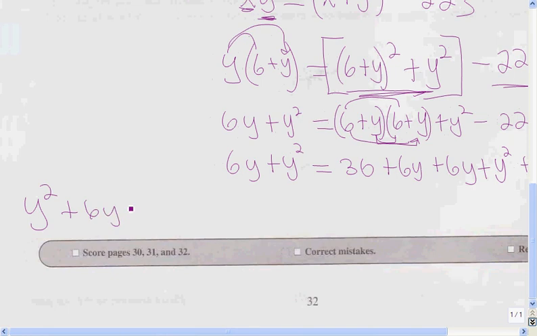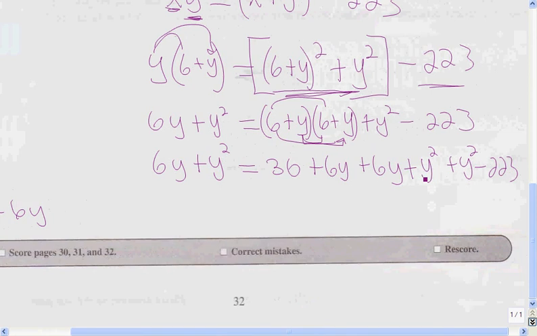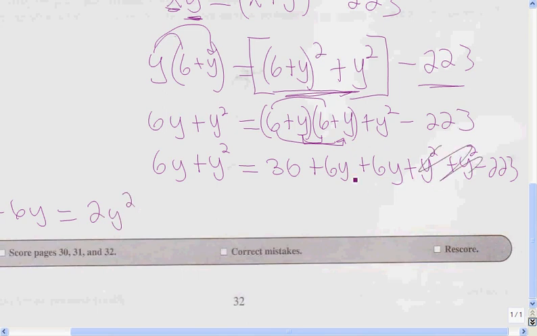so y squared plus 6y. Now I'm going to combine the like terms over here. Positive y squared and positive y squared equals 2y squared. 6y plus 6y equals a positive 12y.